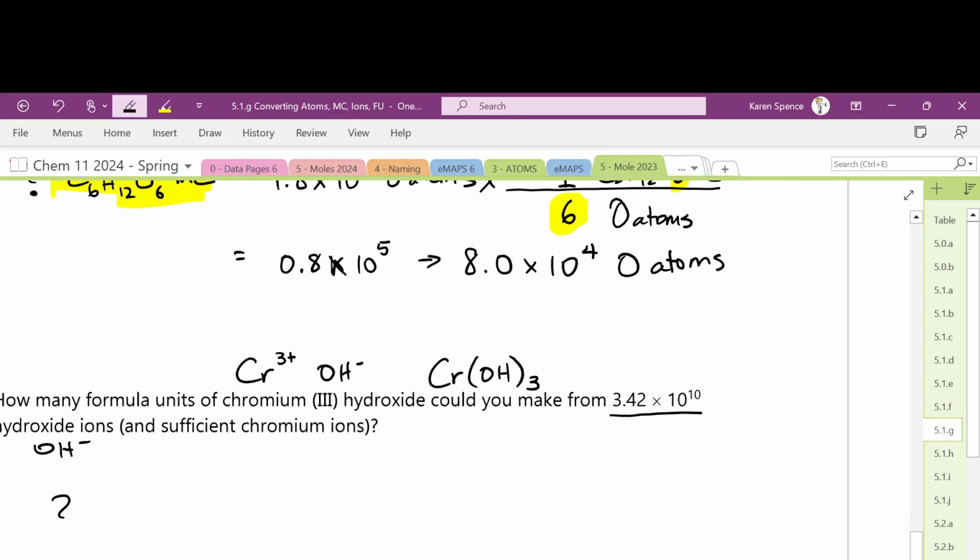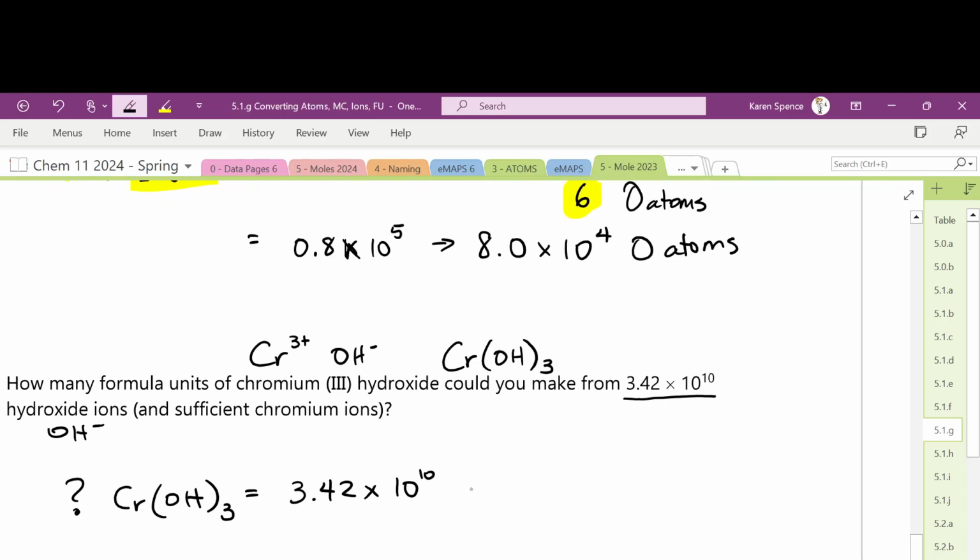So how many Cr(OH)3 can we make from 3.42 times 10 to the 10? And the formula for hydroxide is OH- ions.